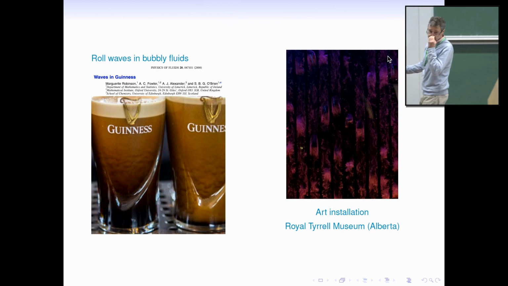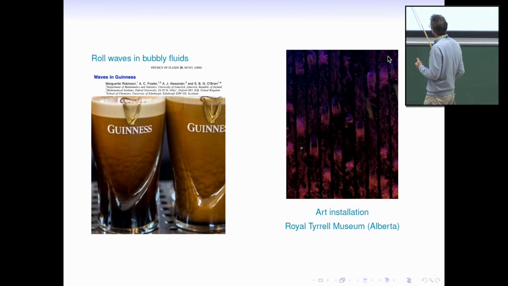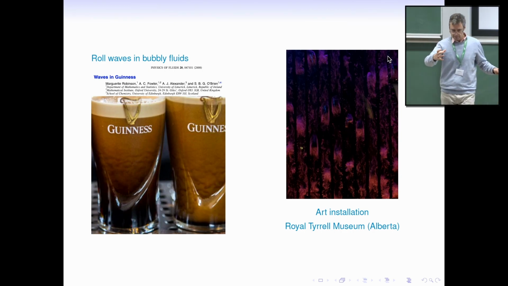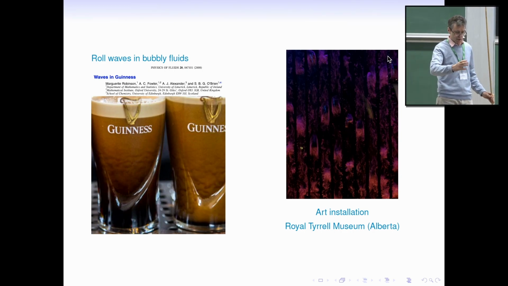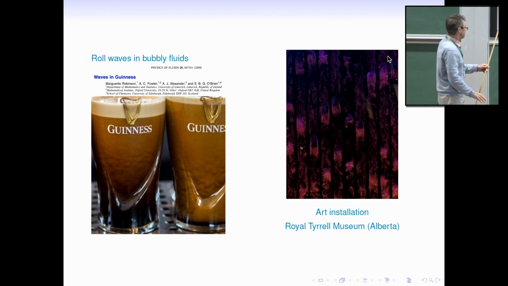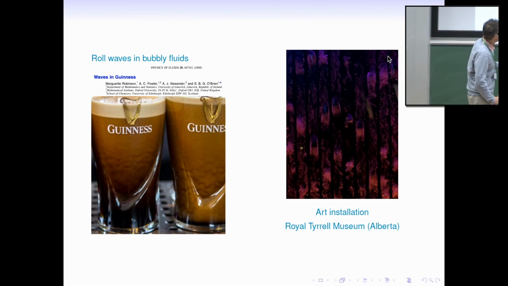People have suggested the same thing happens in bubbly fluids. So I guess the lighting doesn't come out so well, but if you've ever sat next to a freshly poured pint of Guinness, then you'll notice these descending waves in the bubbles. And you'll see then they kind of layer a little bit.